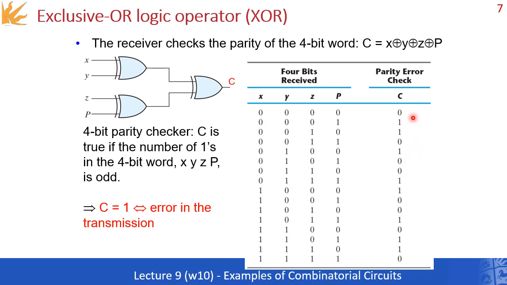So overall, you've seen that you can use the XOR operator both for creating a parity bit and then for checking whether the transmission was correct or whether there was an error. Again, by using only exclusive OR logic operators.